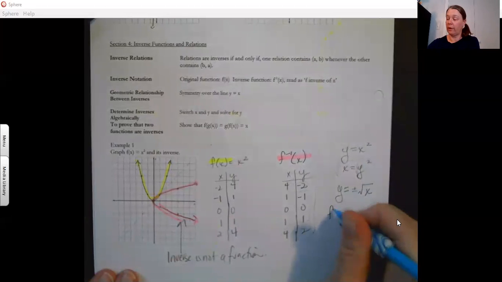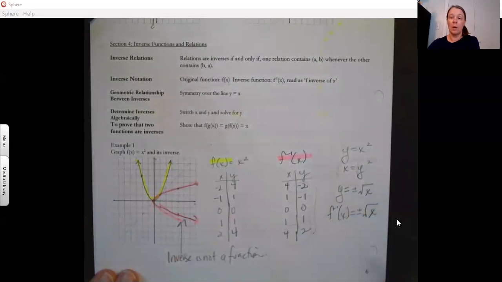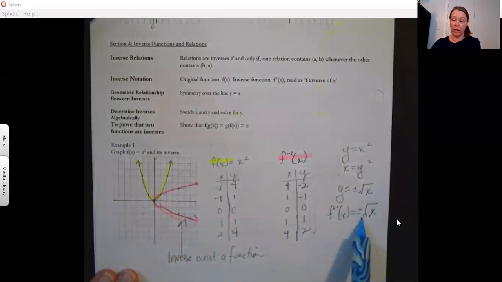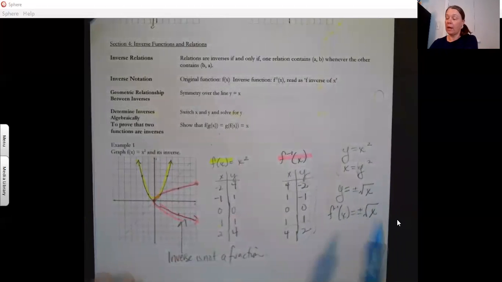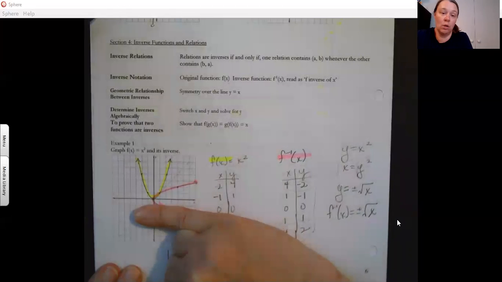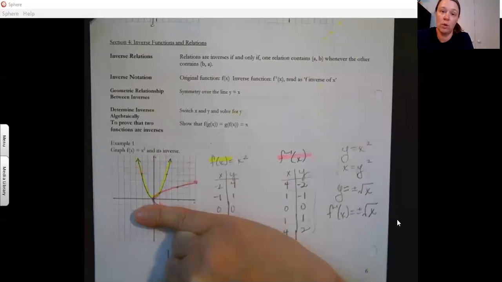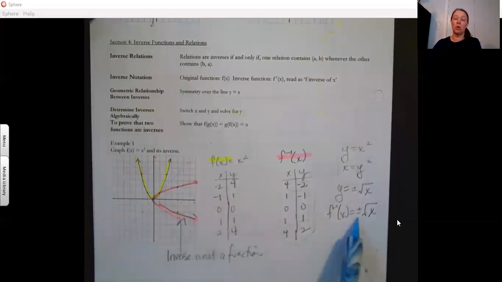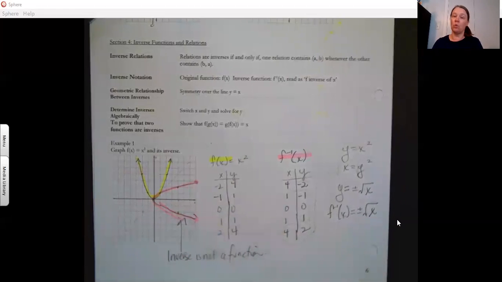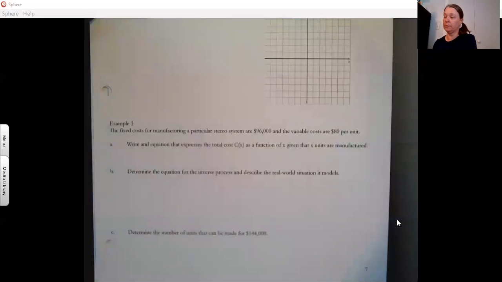So we could write f inverse of x equals the positive or negative square root of x. It's important to have the positive or negative because if you didn't, then you would be saying just that top half there is your inverse, but that really wouldn't be the inverse. That would only be reflecting this little section here, not the whole thing. That's why you need the plus or minus. And you only include that if you're taking even roots of things. So if this was a cube root, you wouldn't be including the plus or minus there.